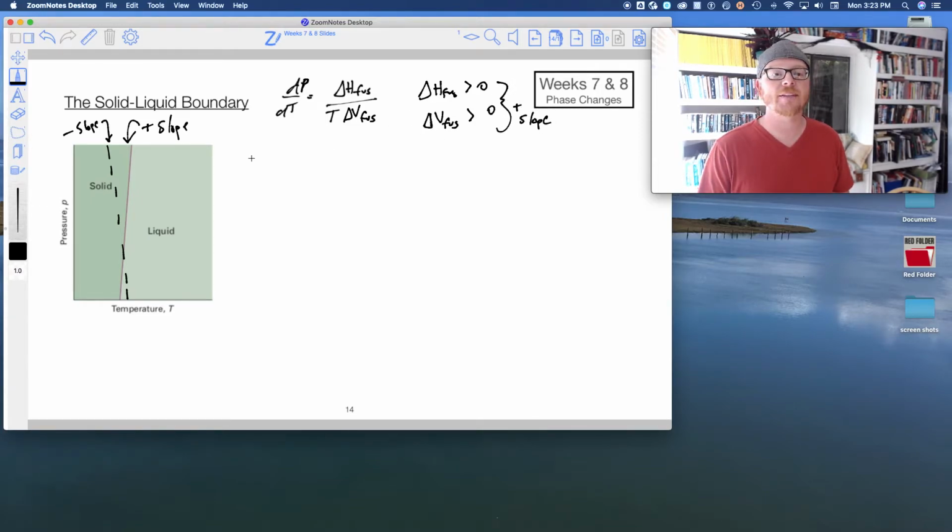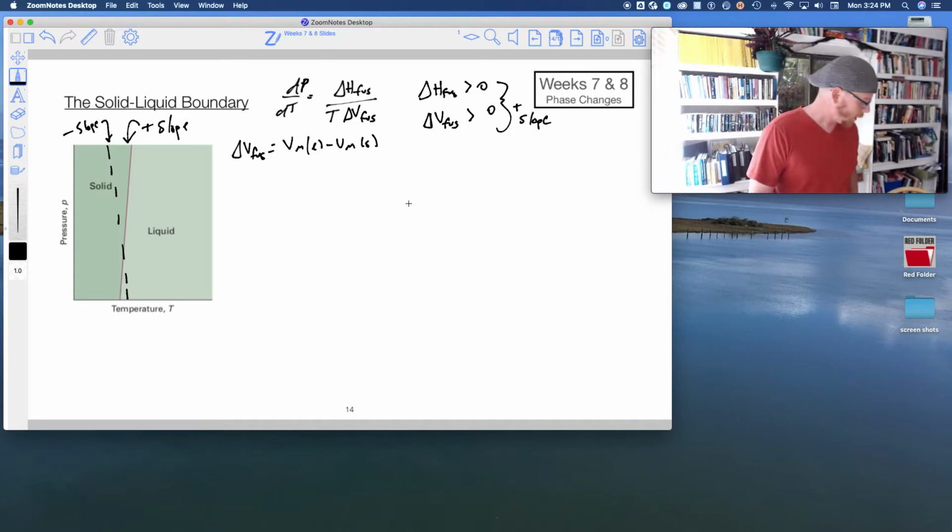So that means that if we have a negative slope, it has to be because the delta V of fusion was negative. So that's how we can tell in our phase diagram what the relative densities are between the solid and liquid phase. In other words, delta V fusion equals the molar volume of the liquid minus the molar volume of the solid.